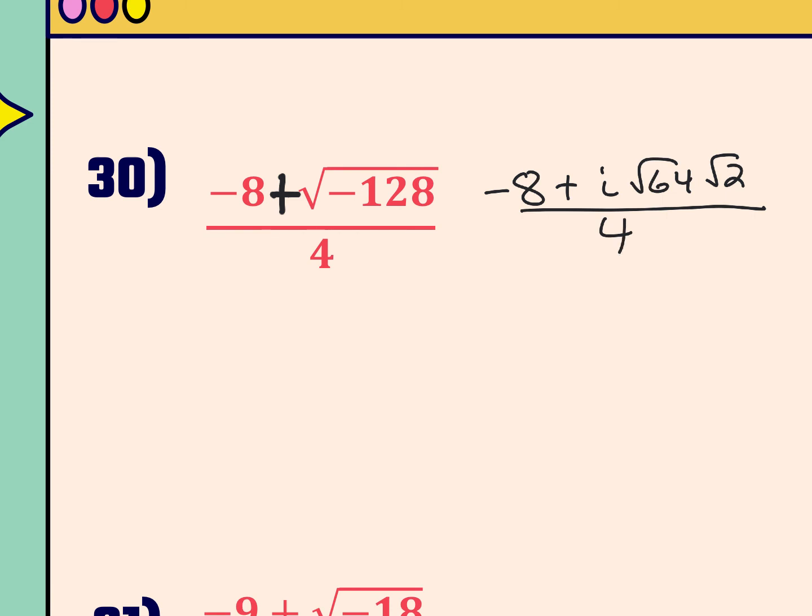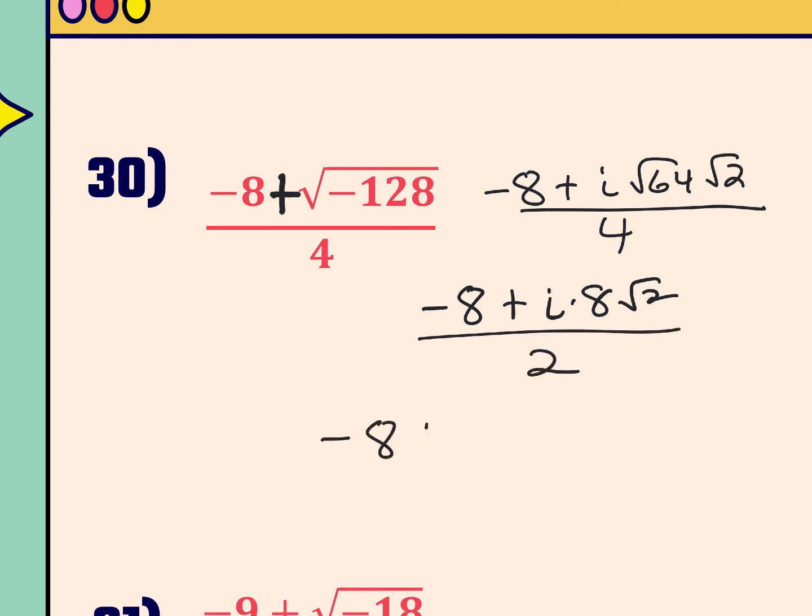I can now pull out the 64, and it's going to become an 8. So now I have negative 8 plus 8i radical 2 over 2. Now I can simplify. I can divide these all by 2. This becomes a 1, a 4, and a 4.